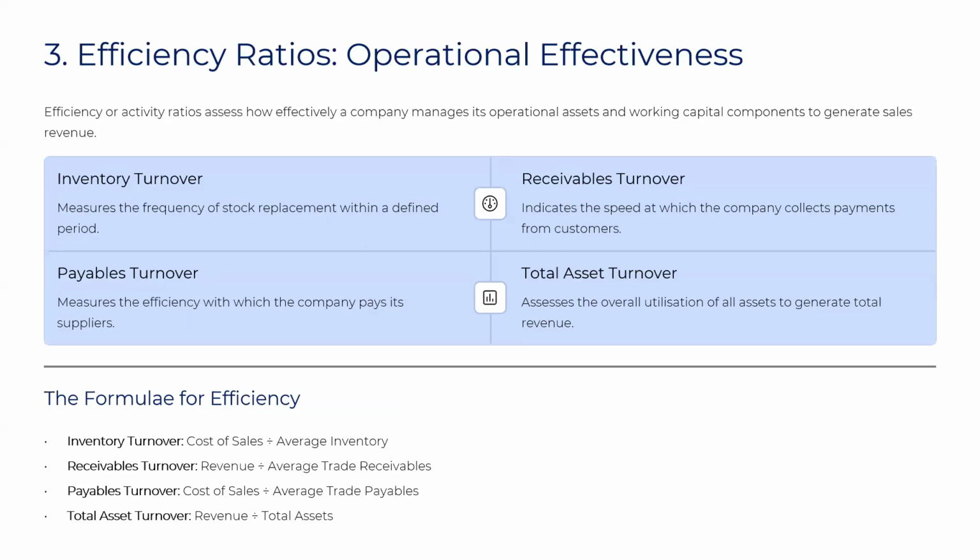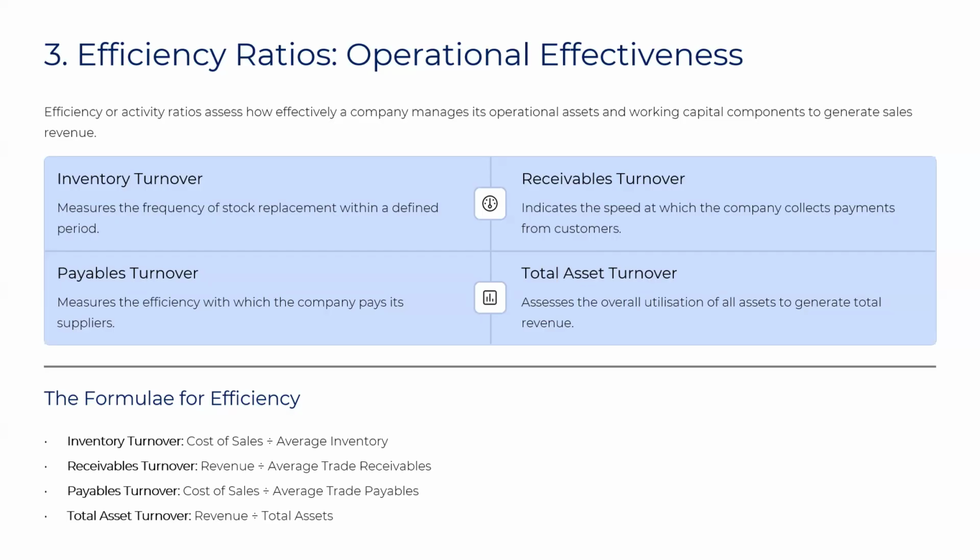Lastly, we'll be looking at efficiency ratio. Efficiency ratio is what we call operational effectiveness. We are testing the inventory, the payables, the receivables. We have different metrics: inventory turnover, receivables turnover, payables turnover, and total assets turnover.